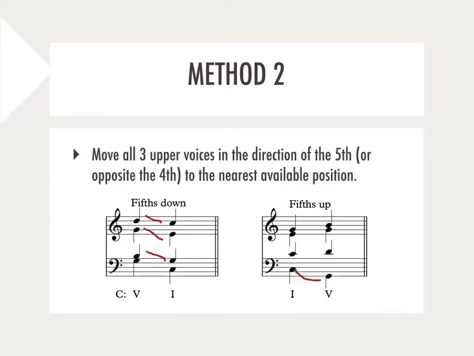You might want to pencil in an upward arrow so you remember which direction you need to take the upper three voices. So the C will go to D, the E to G, and the G to B.